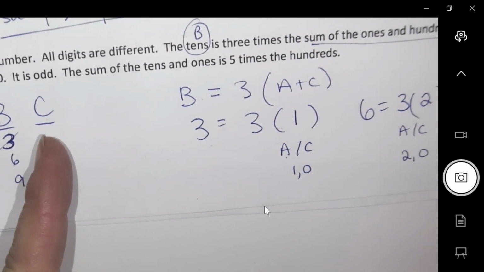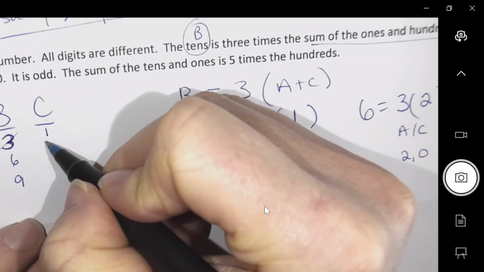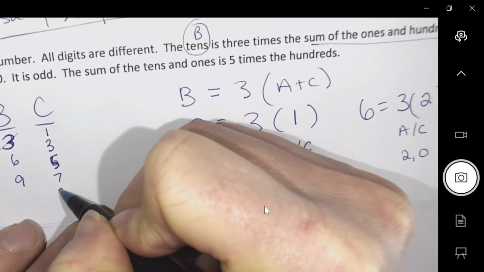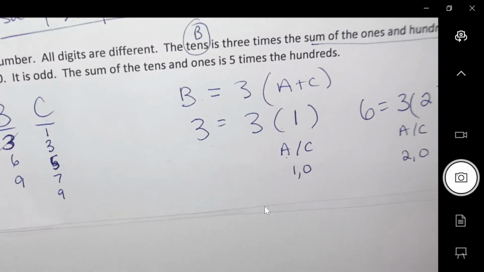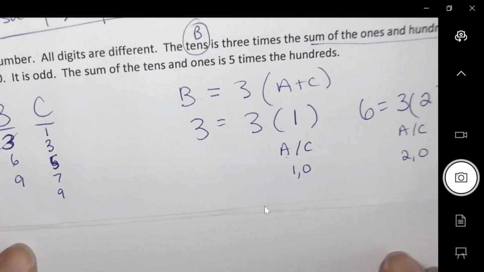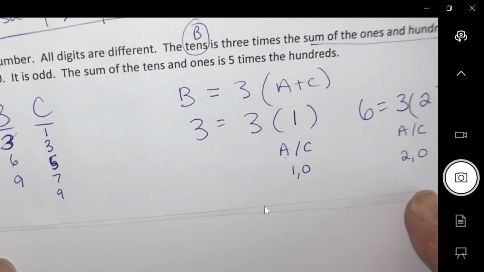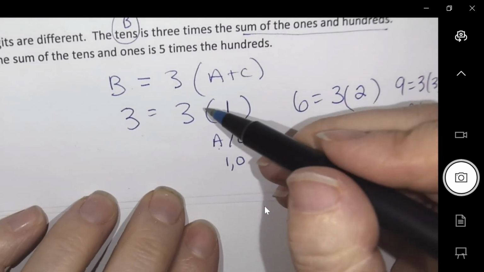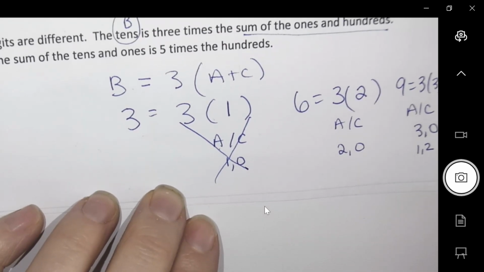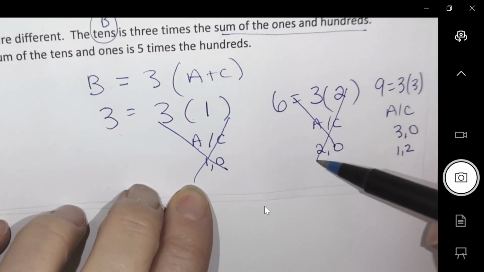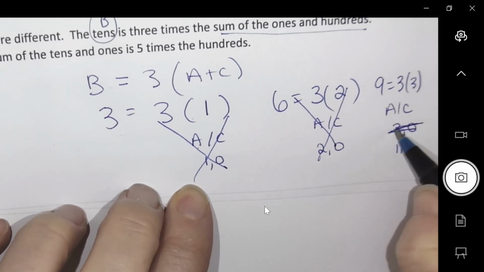It has to end with a 1, 3, 5, 7, or 9. Okay, guess what? These 0 options are all out, aren't they? We didn't have a 0 in any of those options. So this one's out, this one's out, this one's out.